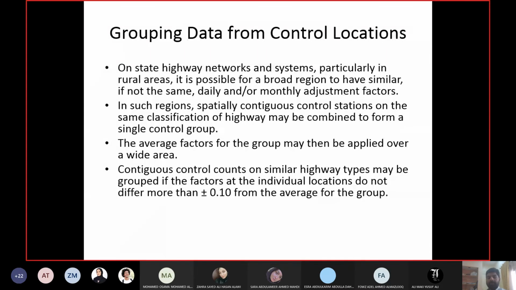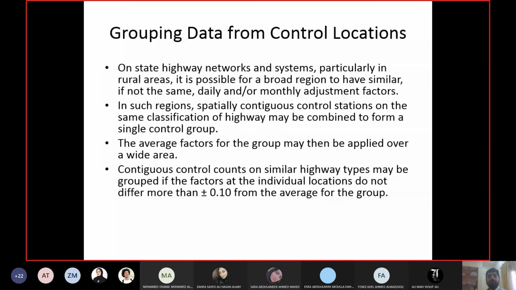In that example, the data was from one control count location, and for it I calculated daily and monthly adjustment factors. Similarly, for another control count location, I will have another set of factors. So if I have 20 control count locations, I will have 20 adjustment factors for Monday, Tuesday, Wednesday, and so on. Similarly, I will have 20 factors for January, February, March, and so on.